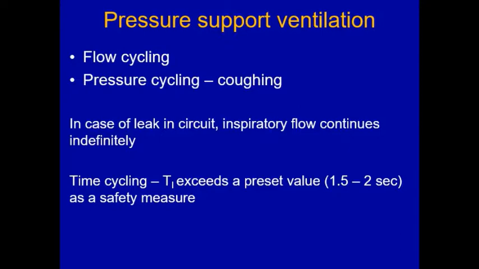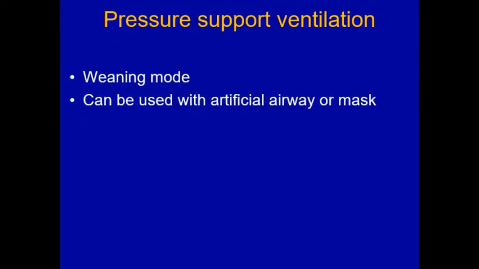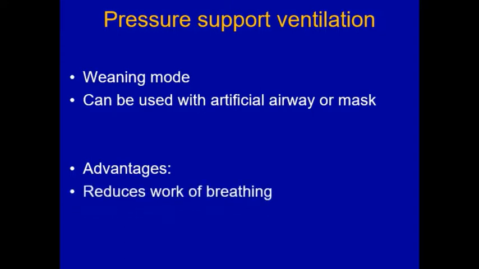So here only the pressure is supported, say around 10 or 15 centimeters, in order to increase the tidal volume. Pressure support ventilation is a weaning mode, and it can be used both with an artificial airway or a mask. When we use pressure support ventilation, the respiratory rate is decreased and the patient also feels more comfortable.